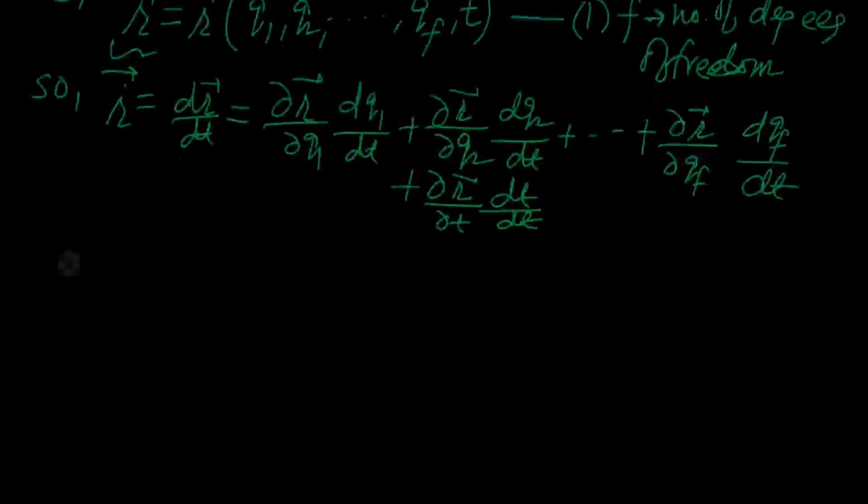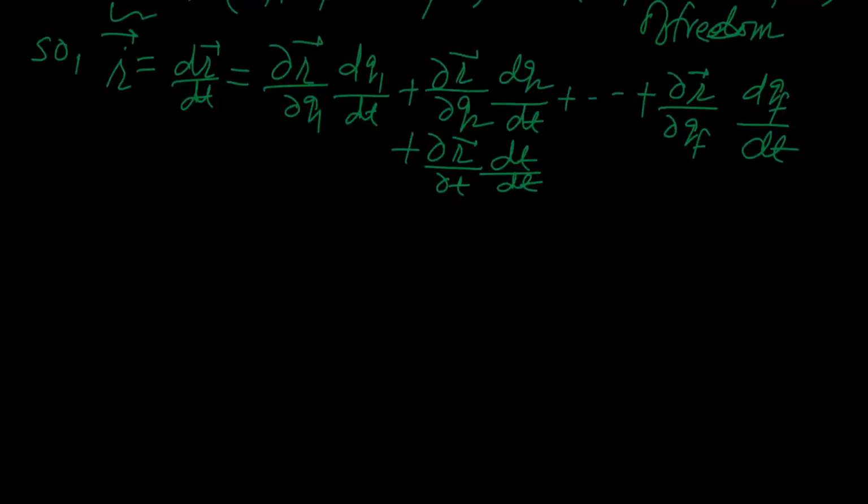See this equation. We may write dQ1 by dt as Q1 dot, dQ2 by dt as Q2 dot, and dQF by dt as QF dot.